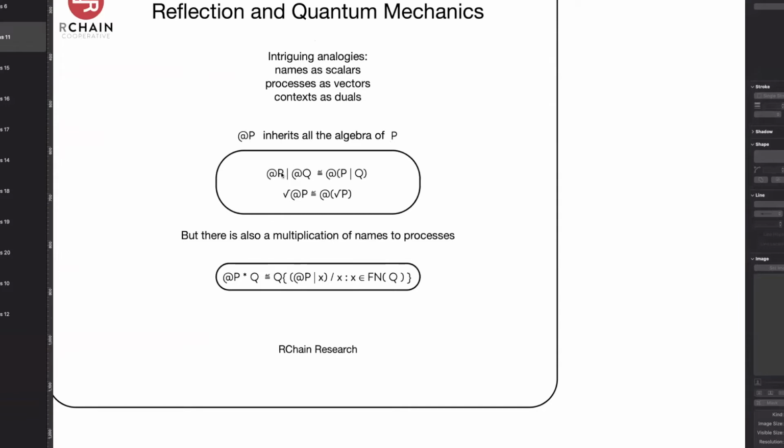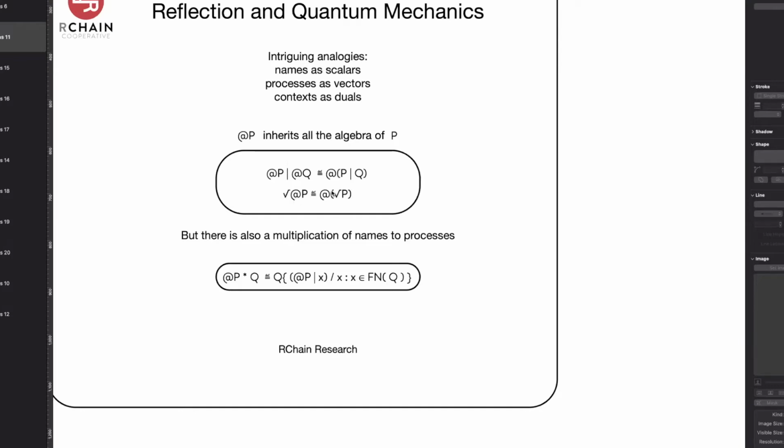If this is at P and this is at Q, then I take P par Q, that's a well-defined process, and then I take the name of that. So I define the parallel composition of two names to be the name of the parallel composition, right? It's very straightforward. So that works for the primitive operators like par, but it also works for complex operators like the square root definition that I gave.